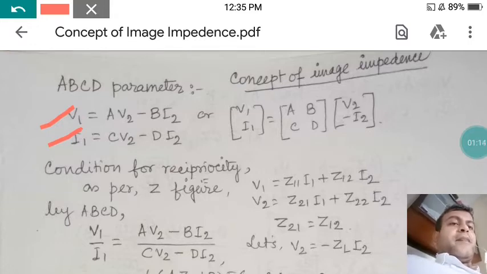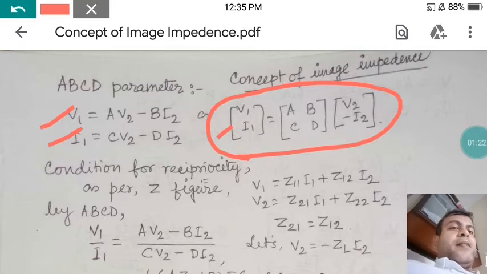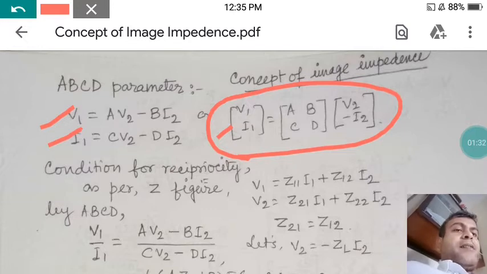So you can write a matrix like this: V1 and I1 equal to the ABCD matrix times V2 and minus I2. I have already told these things in detail in the classes on the two-port network, where I discussed the ABCD parameters.